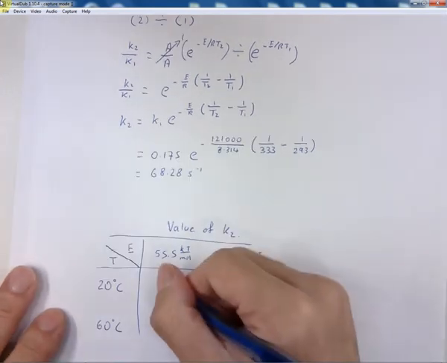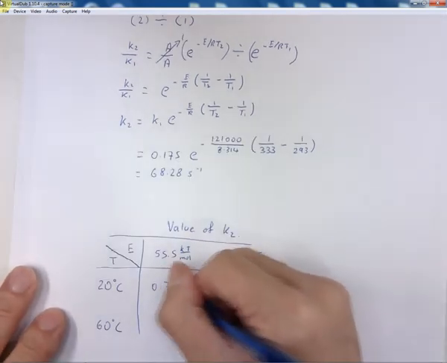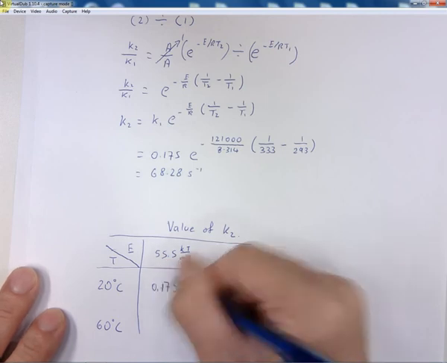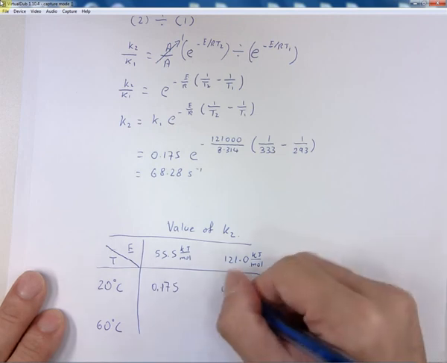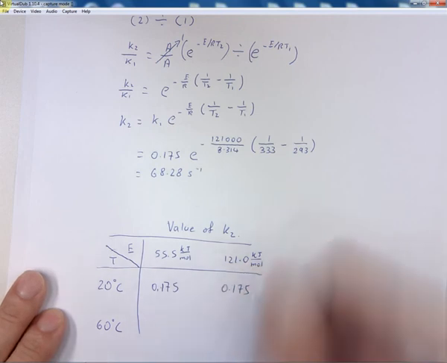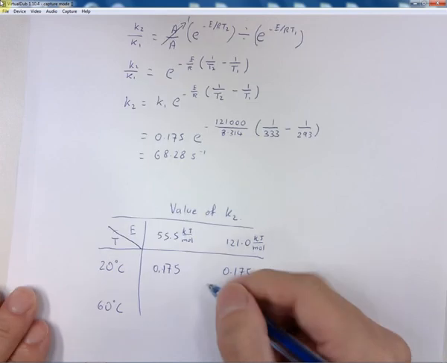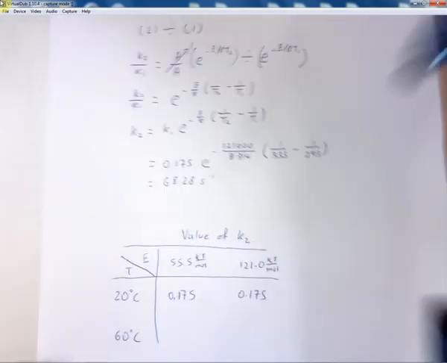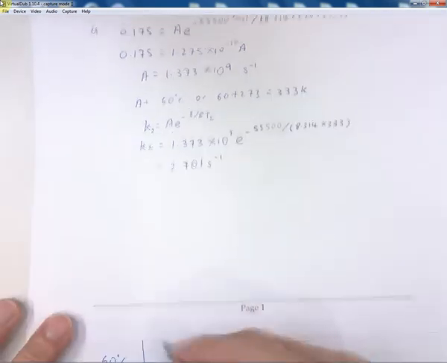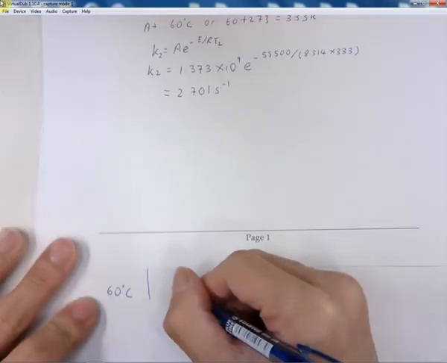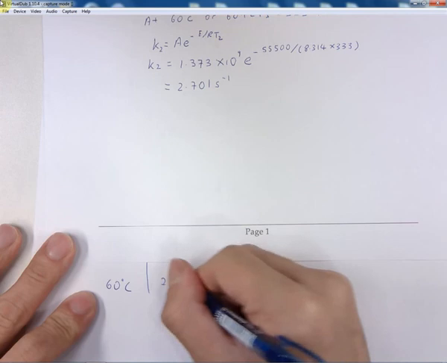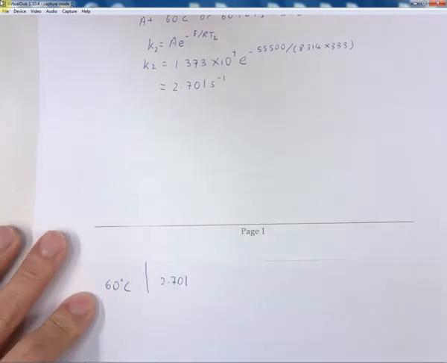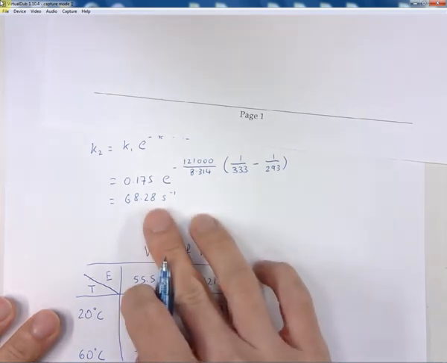At 20 degrees Celsius, the question states that both of them have the same rate constant of 0.175. After our calculation, for part A we get 2.701, and for part B we have 68.28.